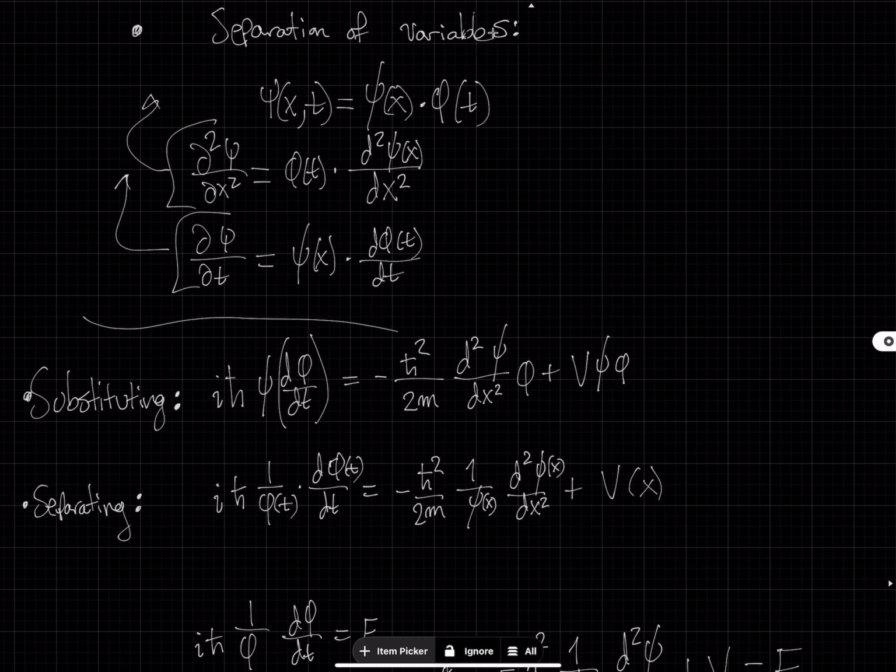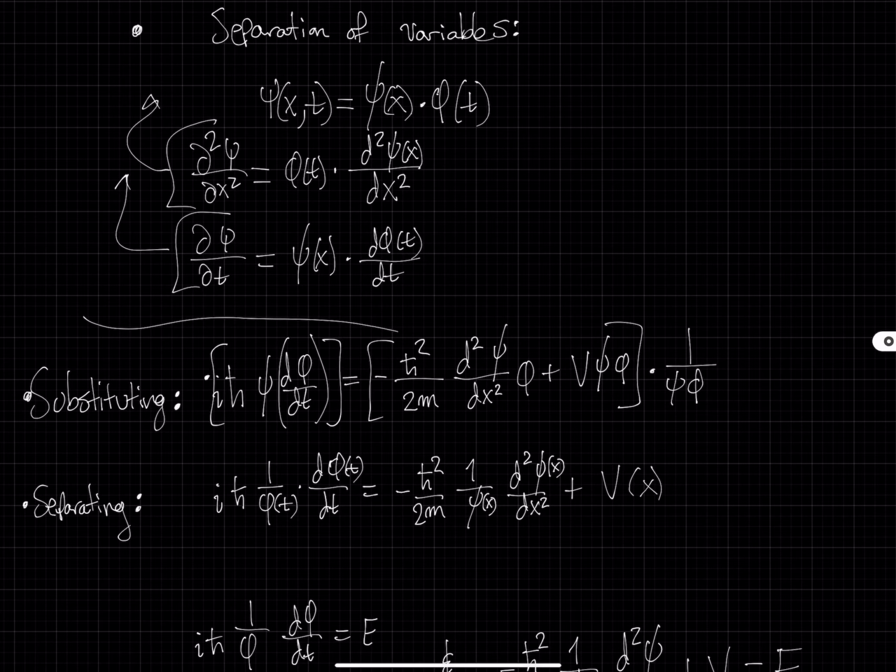Given the separation of variables technique, one of the things that we really want to do is separate these variables to both sides of the equation. And we can do that by multiplying both sides by 1 over psi phi, right?